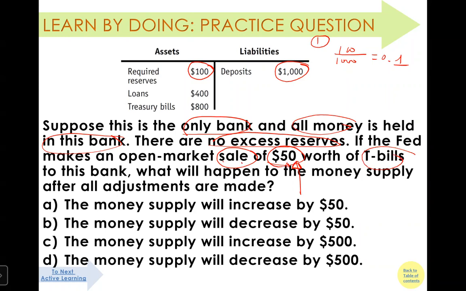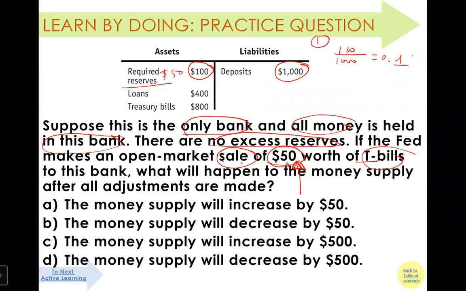The way the bank pays for this $50 of T-bills is by decreasing its reserve, or in other words, the central bank is going to take away $50 of reserve from this bank.